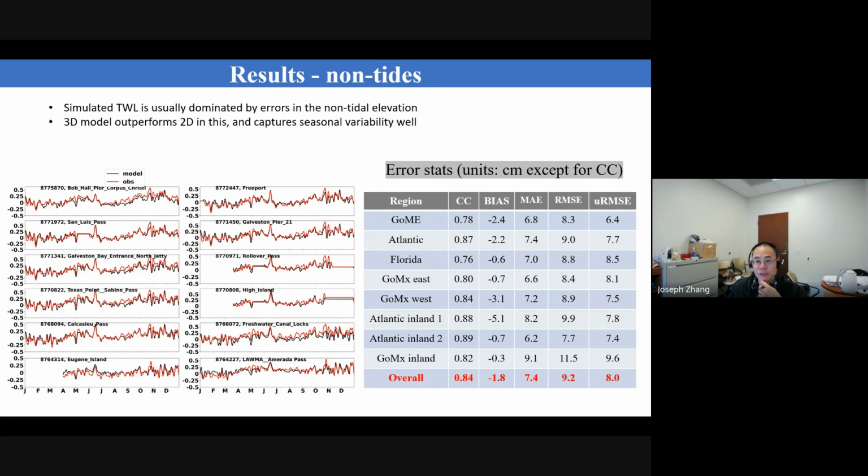The red is observation and the black is the model. Both are filtered to remove the tides. You can see this kind of small scale oscillations, intraseasonal oscillations and seasonal oscillations being captured by the model, and overall for all the CO-OPS stations, the root mean square error for the long-period component is about 9 centimeters.